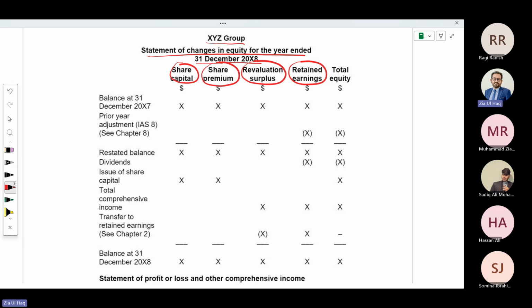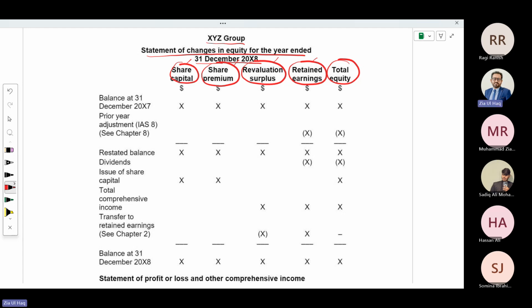And then we need to prepare the 5th column as total. All these 4 components are part of equity.